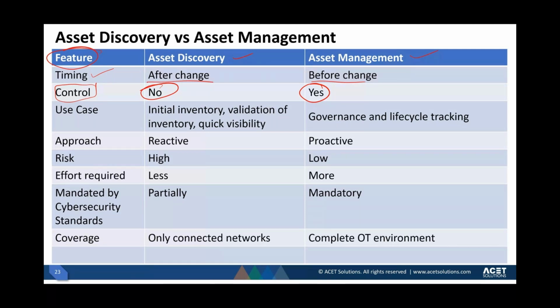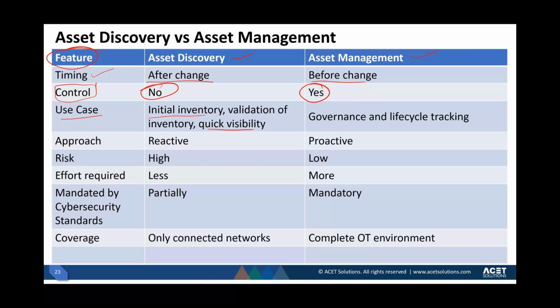If you talk about use cases of both, I feel that asset discovery is very useful in building initial inventory. It also provides very quick visibility because it does a scan and gives you a lot of useful information.